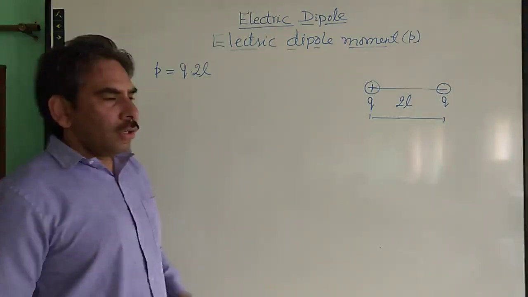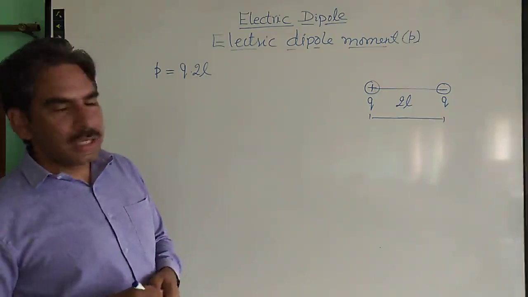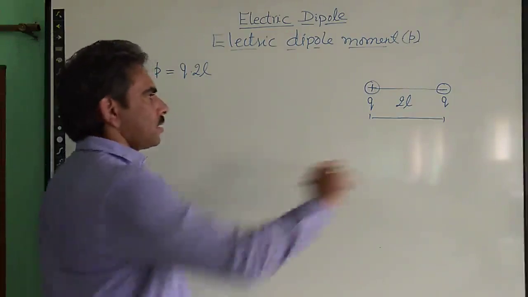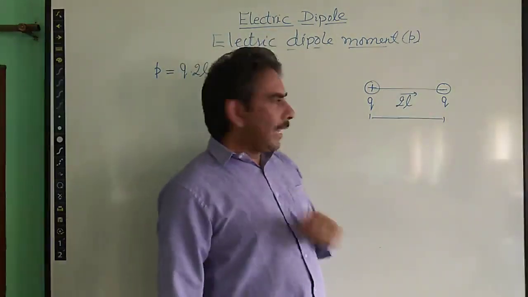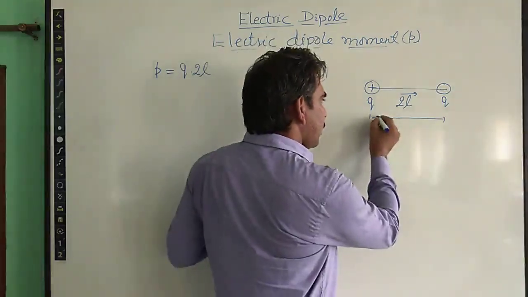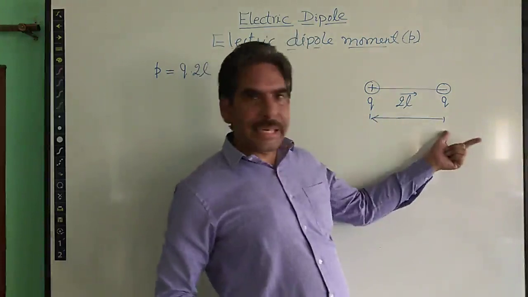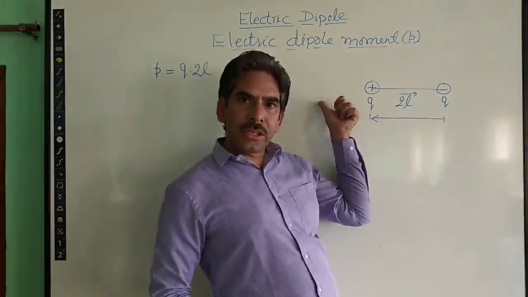Okay, so when we talk about length of the dipole, it is very interesting to know that it is taken as a vector quantity, and by convention it is taken from the negative to the positive charge. It is directed along this direction.